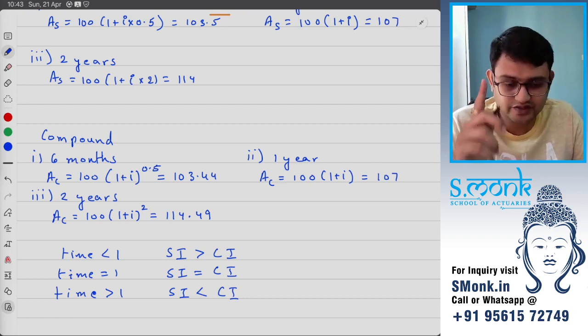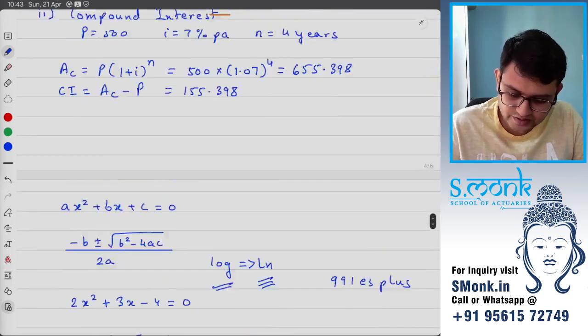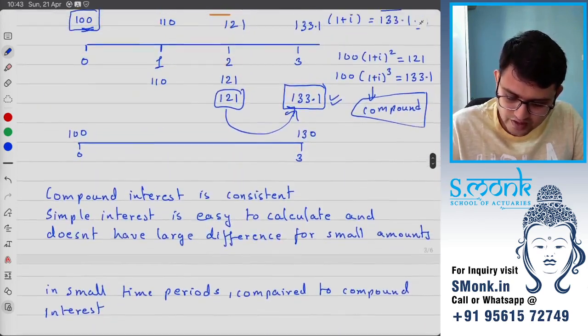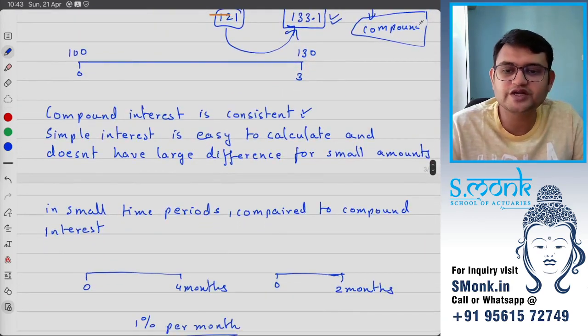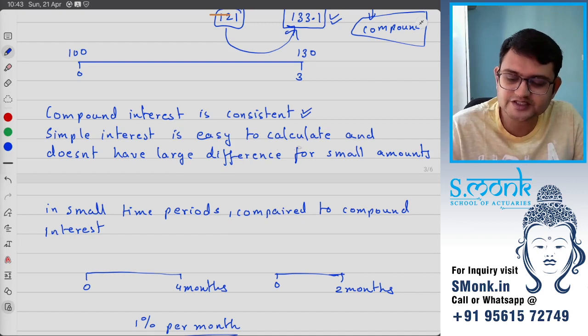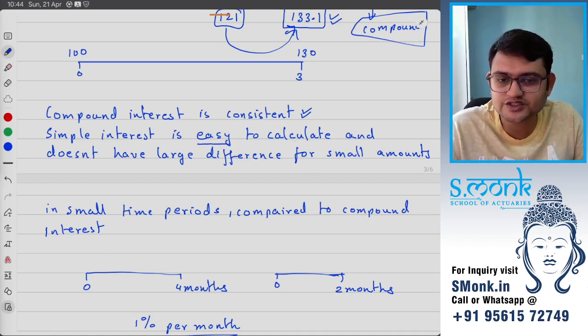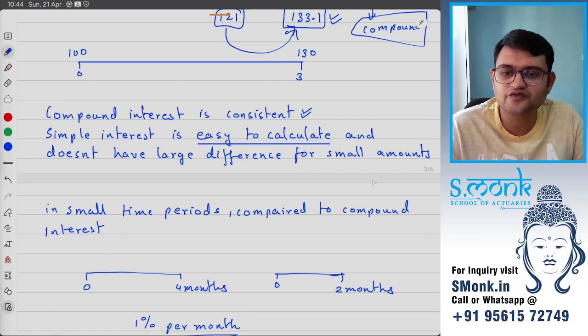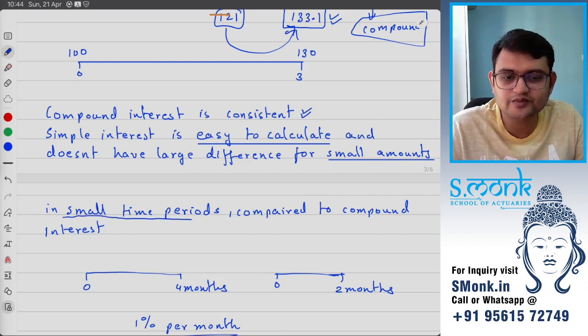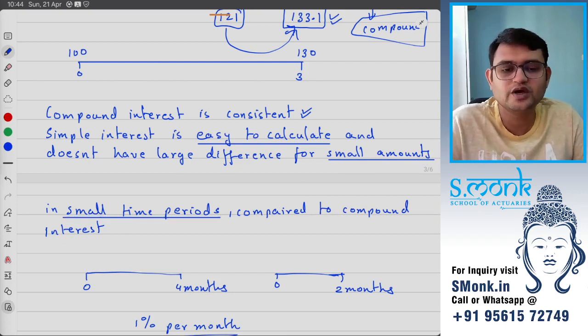Now, sometimes people mention this as the reason why we use simple interest for small durations, but that is not correct. We talked about it yesterday, right? We even wrote it somewhere, that we use compound interest because it is consistent, and we use simple interest because it is easy to calculate and does not have a large difference for small amounts in small time periods compared to compound interest.